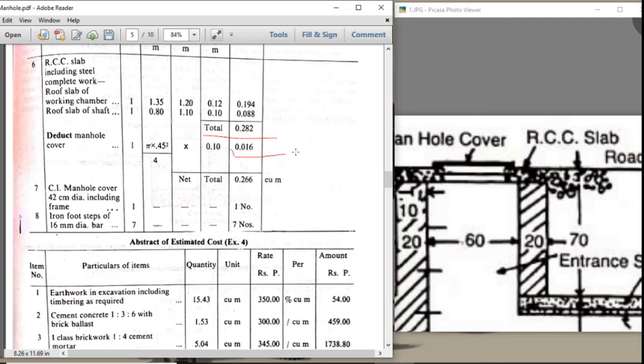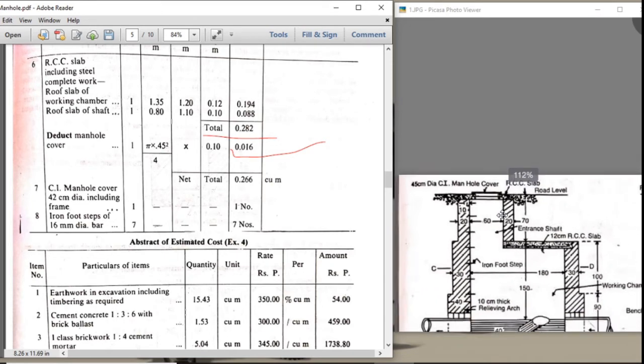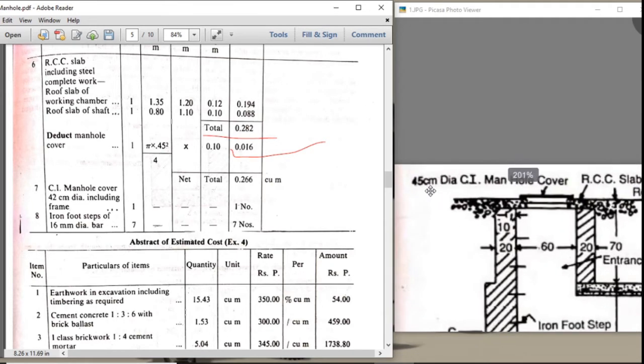This is the basics. Okay, deduct manhole cover: 45 centimeter dia they have given here. So pi d square by 4 into 0.10, 10 centimeter thickness, so 0.016 we have to deduct. So total 0.282 minus 0.016, we get net total as 0.266 cubic meters.